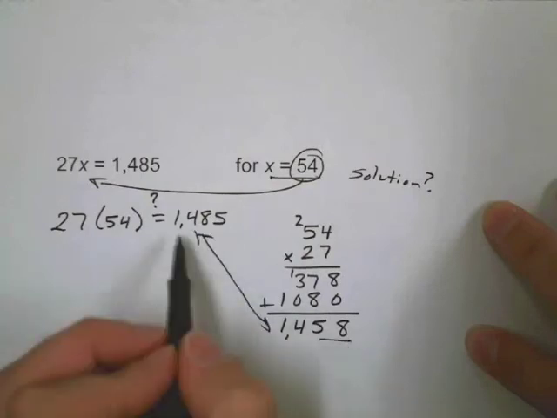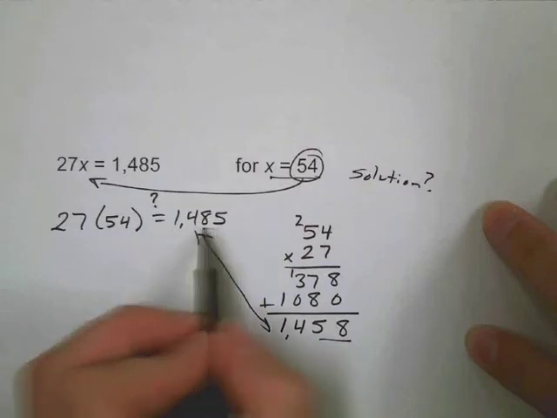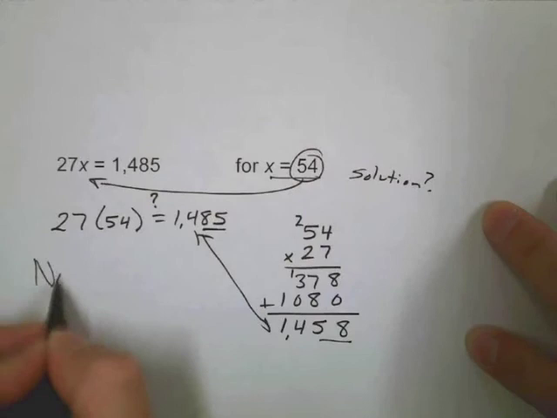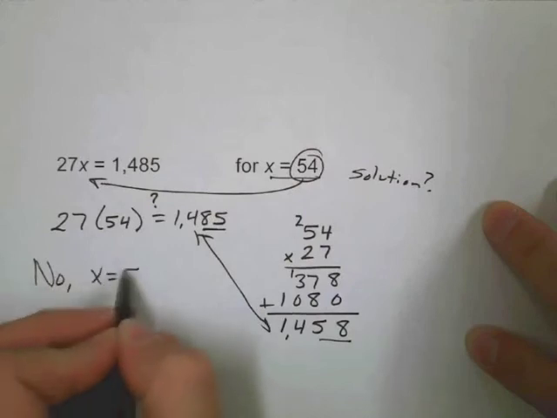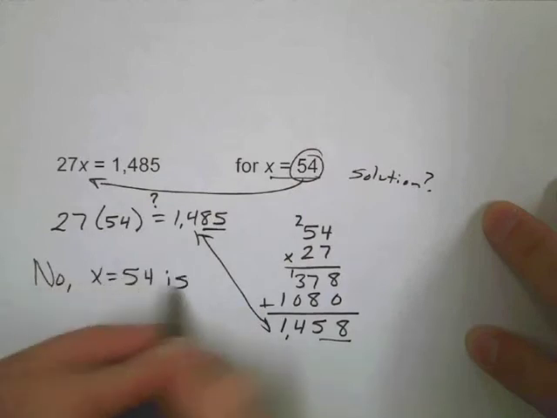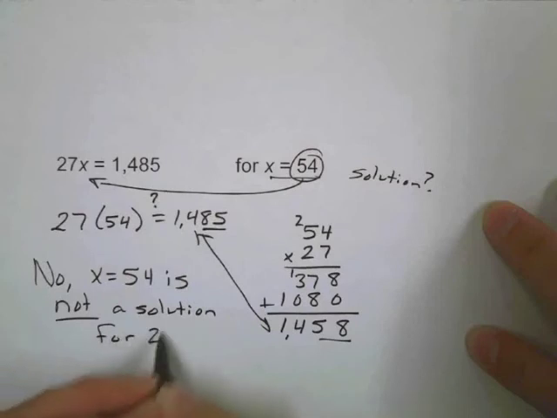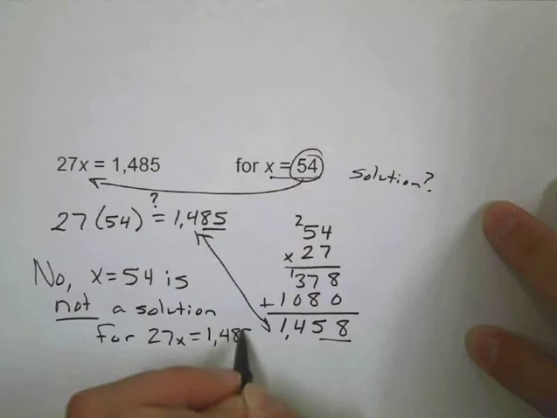Well, 1,458 is not the same as 1,485. So, no, x equals 54 is not a solution for 27x equals 1,485.